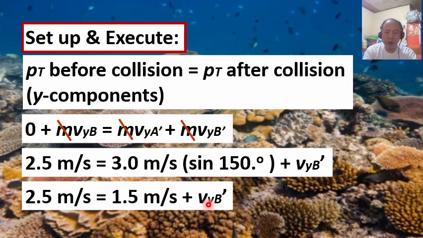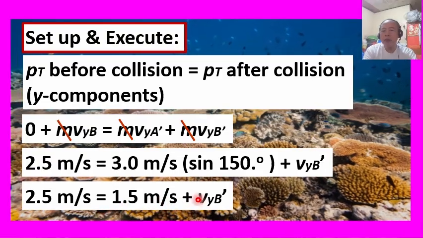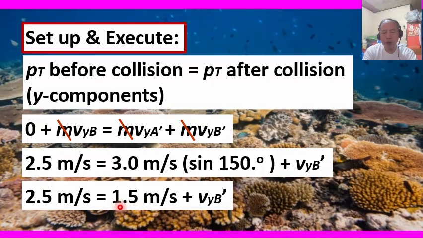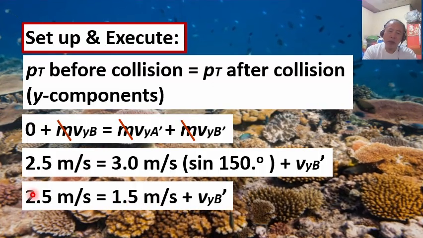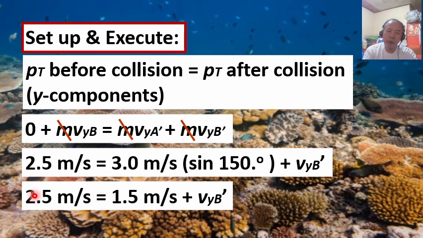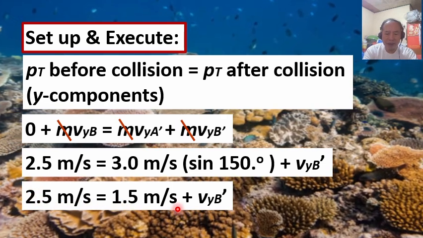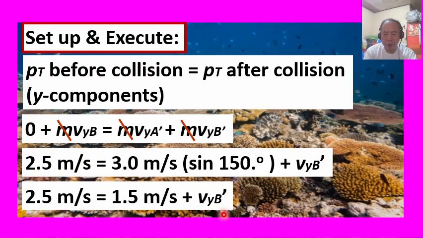So isolating b sub y b prime, by transposing 1.5 meters per second to the left side of the equation, where we have 2.5 meters per second minus 1.5 meters per second, we get the expression for b sub y b prime.